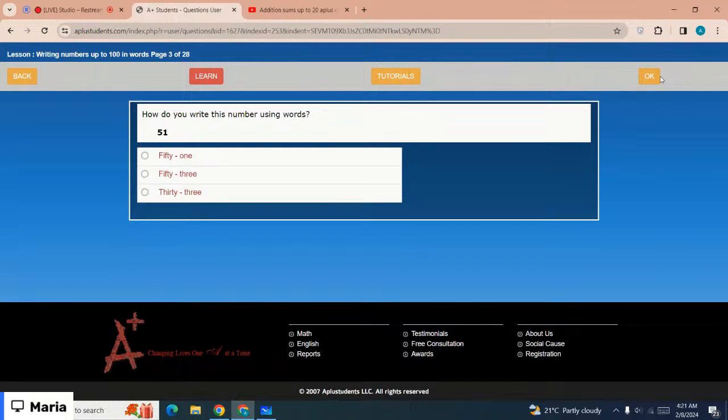How do you write this number using words, 51? So, which is the correct option?